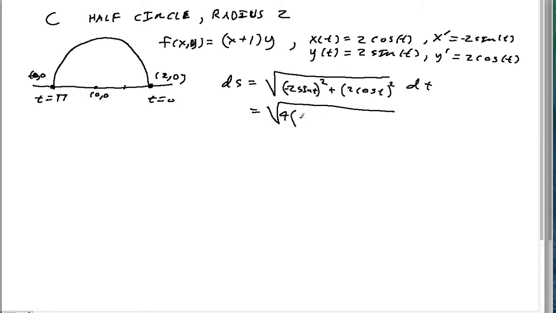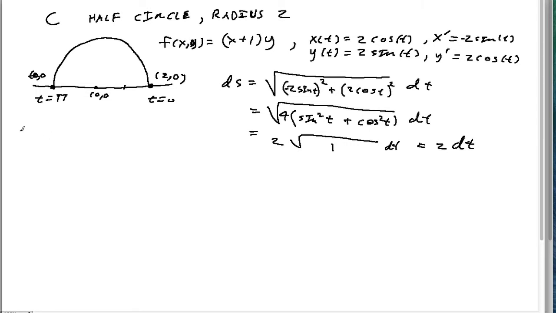We can factor that out of everything. We have a sine squared t plus cosine squared t, dt, and that becomes a 2. And sine squared plus cosine squared is 1, so that's going to be 2 dt. So that's our path, and we have now the way in which we'll talk about ds, and it turns out they're very nicely well defined.